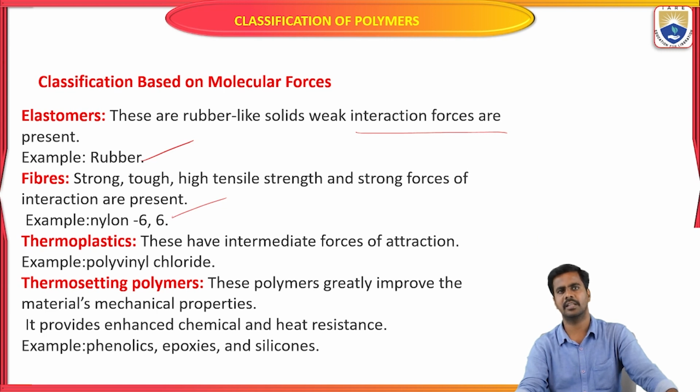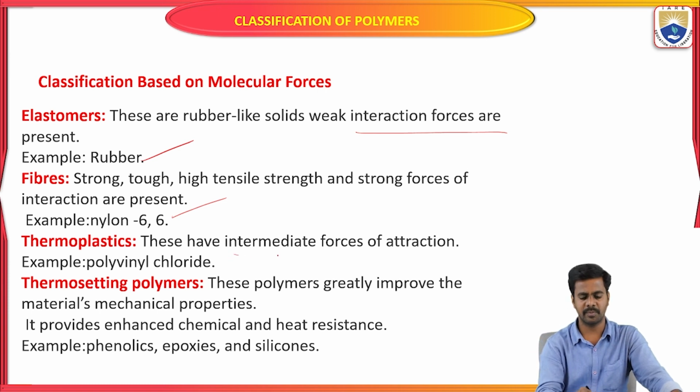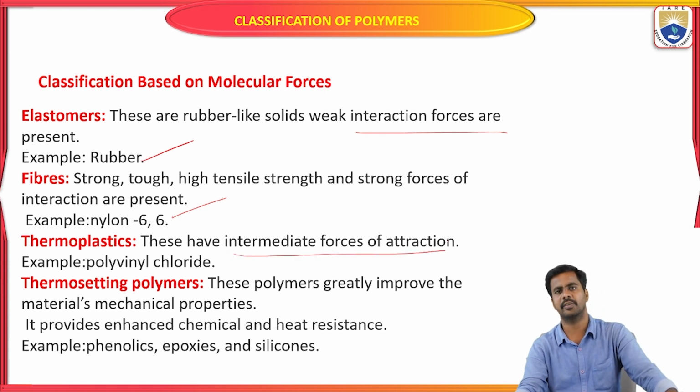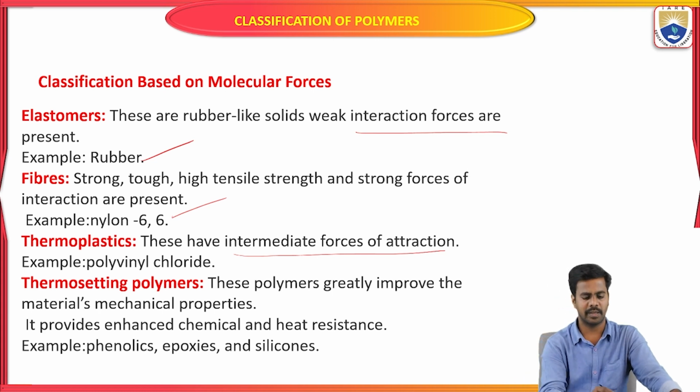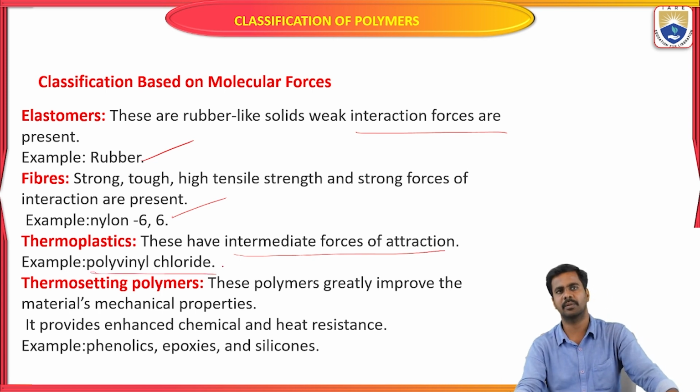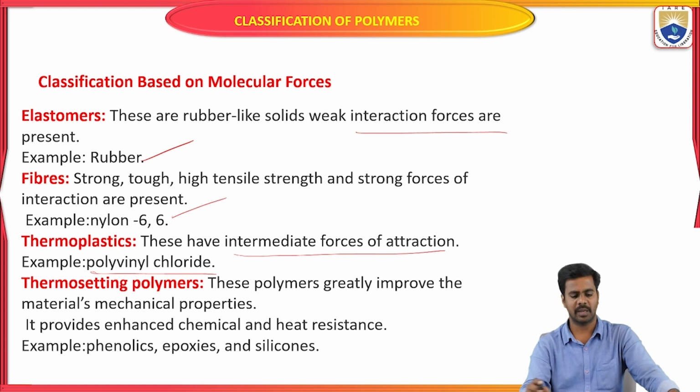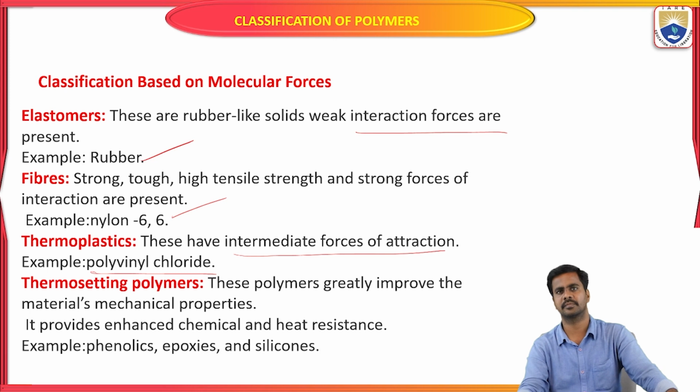And next one is thermoplastics. They have intermediate forces of attraction between the monomeric units. Example for thermoplastics is PVC, polyvinyl chloride. And next one is thermosetting polymers. These polymers greatly improve the material's mechanical properties.